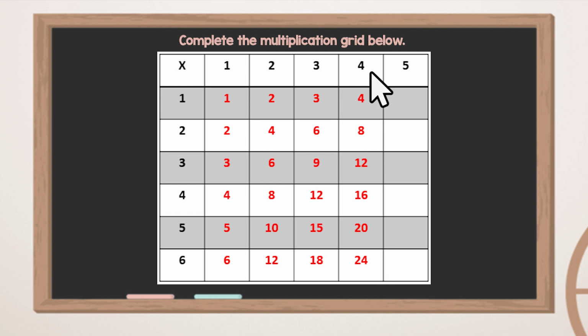The 4 times tables. Final column, 5, 10, 15, 20, 25, 30. 5 times tables. The numbers are increasing by 5. Boys and girls, if you also look at the rows, you will also see the same number pattern.